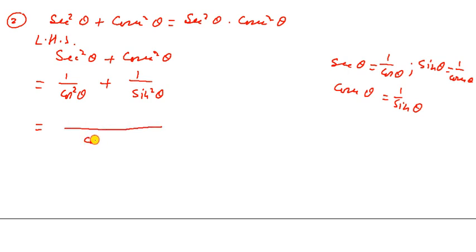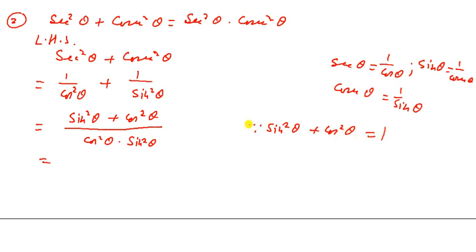Taking their LCM, LCM is cos square theta into sin square theta. Sin square theta here and cos square theta here. So it will become sin square theta plus cos square theta. As you know, sin square theta plus cos square theta is 1. So put the value of this one. So we can say 1 upon cos square theta into sin square theta.